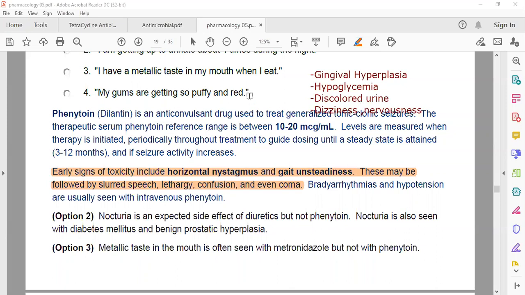Also, phenytoin can cause drowsiness, and keep in mind phenytoin or Dilantin should not be taken with antacids, because antacids will decrease the absorption of phenytoin.